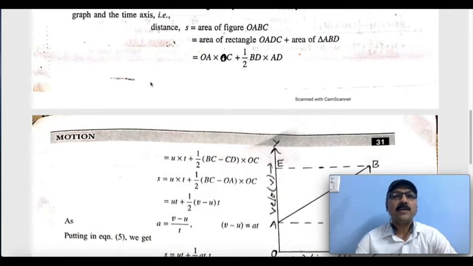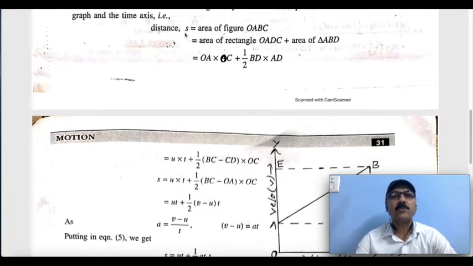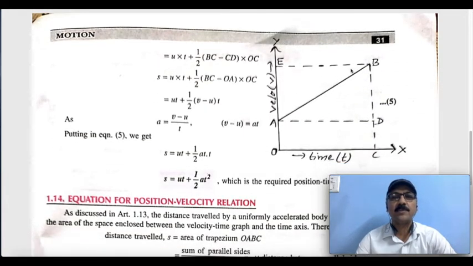Again, here the distance S equals the area of OABC. As we discussed in the previous video, the area under the velocity-time graph is equal to distance.